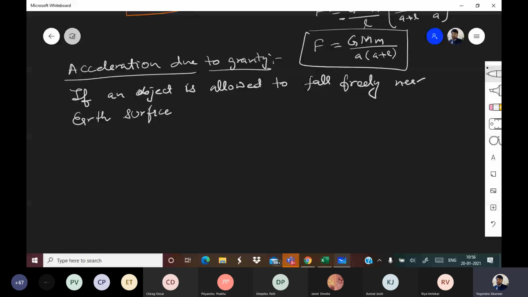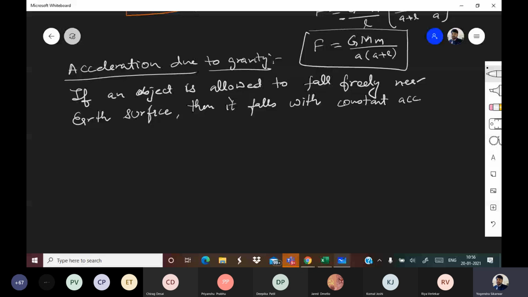So, if an object is allowed to fall freely near Earth's surface, then it falls with constant acceleration.